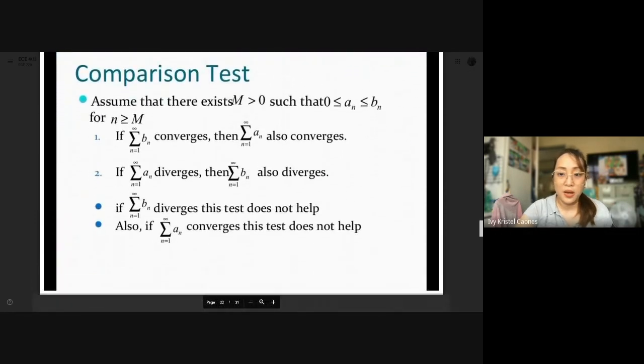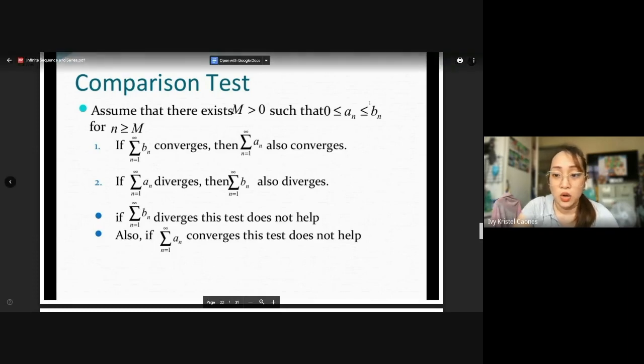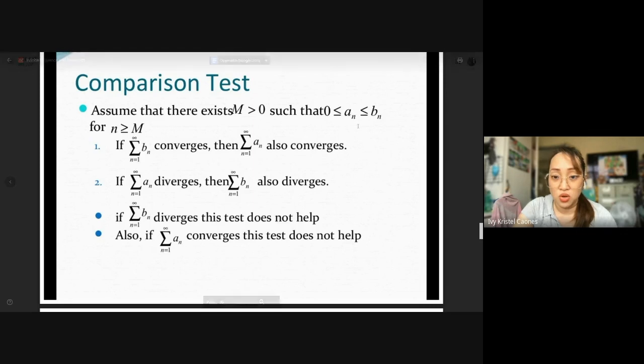So we have the comparison test. Assume that there exists m greater than 0 such that a sub n is greater than or equal to 0 but less than or equal to b sub n. If your b sub n converges, it follows that your a sub n also converges.